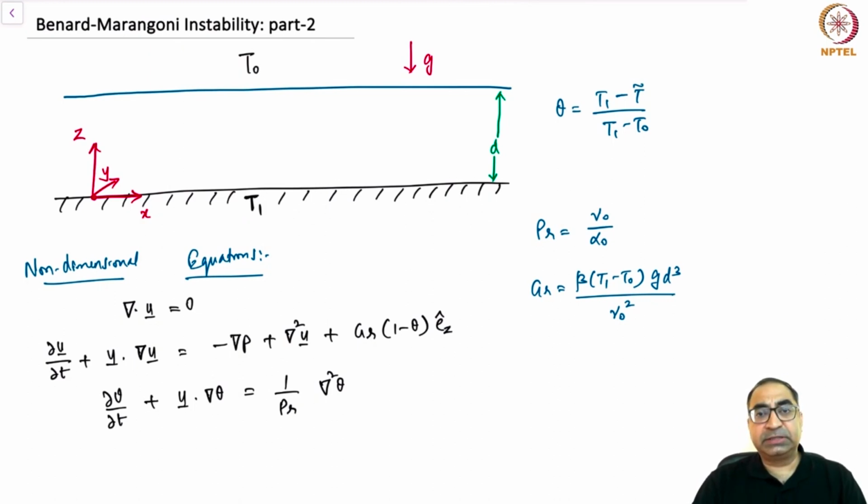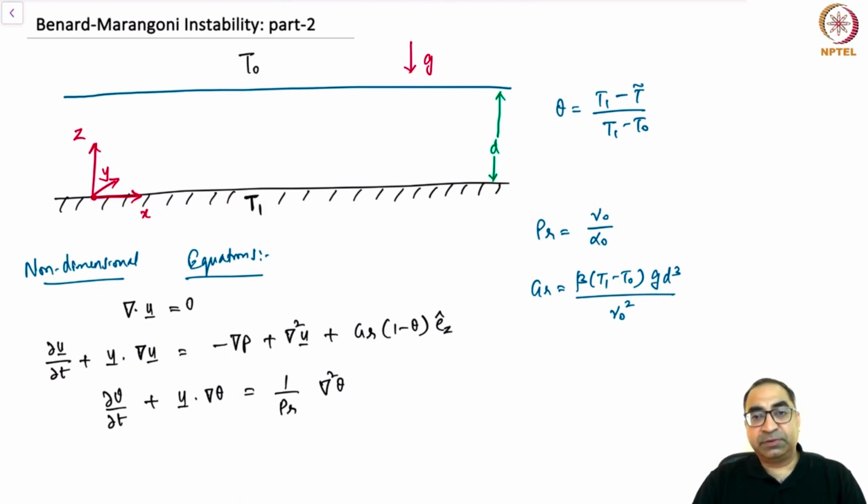We had non-dimensionalized the equations by introducing a temperature variable theta, which is defined as the relative temperature in the bulk relative to the hot plate at the bottom, divided by the maximum variation possible, which is T1 minus T0. Theta as a result goes between 0 to 1.